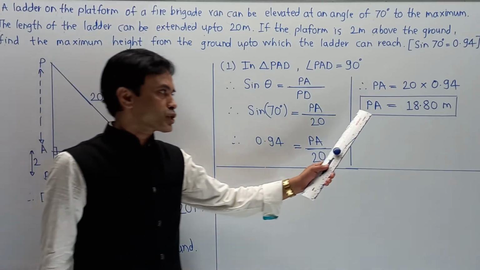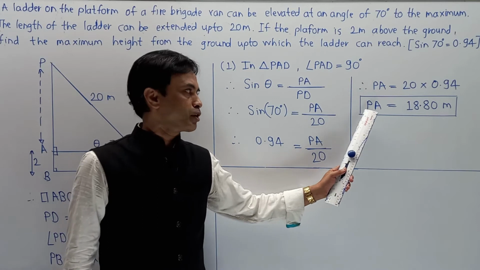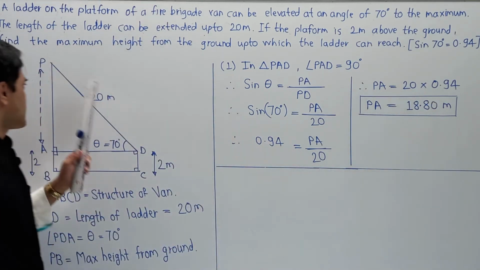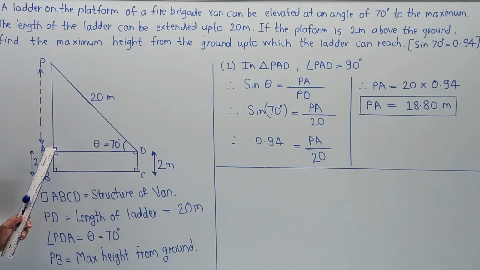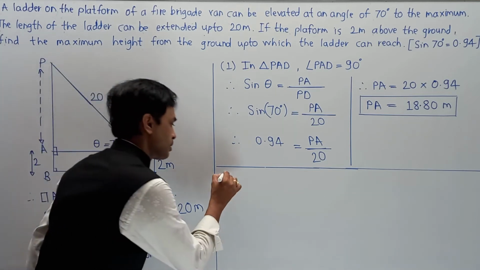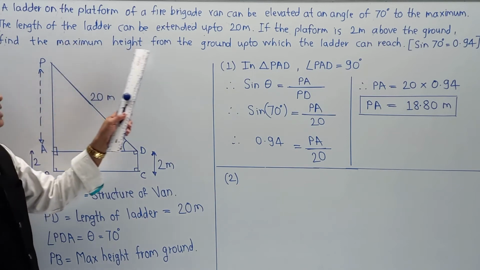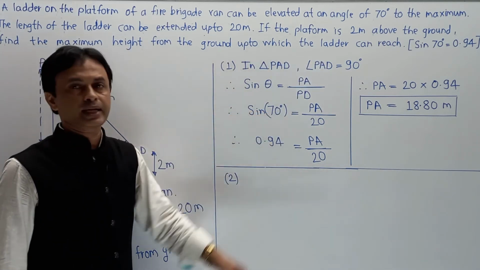As PA is equal to 18.80 meter, we are able to get, as per your diagram, PA is 18.80 meter. We just have to add this height, that is nothing but the height of the van which is 2 meter. So our target is to calculate PB. Therefore, the second part is, as per their condition, find the maximum height from the ground up to which the ladder can be reached.